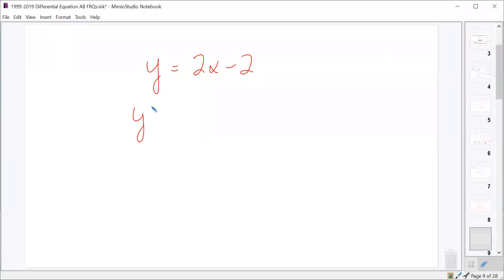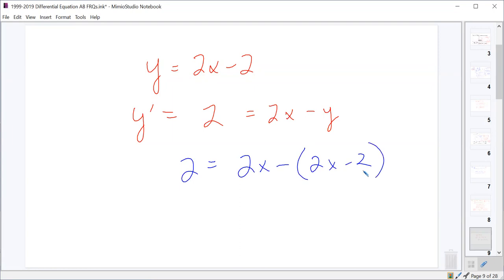The derivative, y prime, equals 2. Yeah? Does that equal 2x minus y? Well, let's see. 2 equals 2x minus y. Yep.